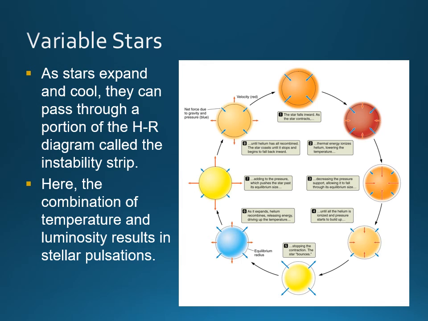Singly ionized helium is helium that has lost one electron, and doubly ionized helium has lost two. Stars in the instability strip pulsate due to the opacity of doubly ionized helium. When the star contracts, density and temperature increase, and more singly ionized helium becomes doubly ionized. This in turn increases the star's opacity, so that less light is radiated away from the star.